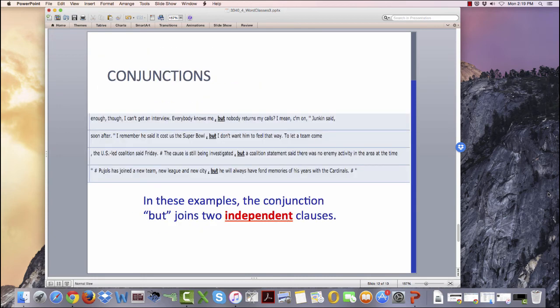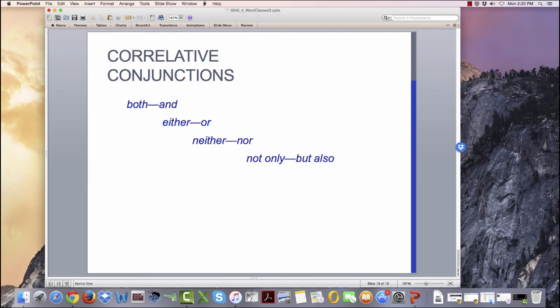Okay, we can see that pattern here with the commas, where everybody knows me, comma, but nobody returns my calls. In the second, I remember he said it cost us the Super Bowl, comma, but I don't want him to feel that way. So again, these conjunctions have a comma with them because all of these are connecting two independent clauses.